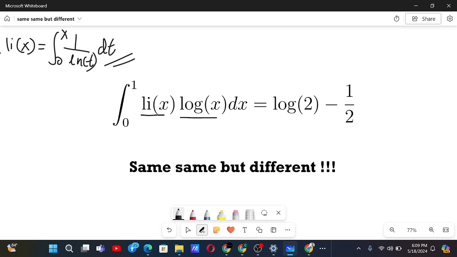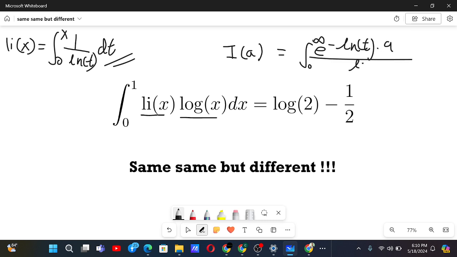The normal trick to deal with the Li function is to make an integral in this way: integral from 0 to infinity of e to the power minus ln t times a by ln t dt. Then it's easily evaluated if you find I'(a), because ln t cancels out, and our aim would be to find I of 0 at last.